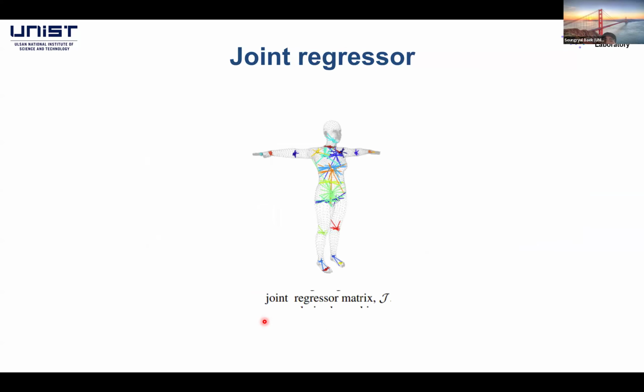And also, the SMPL provides the joint regressor. Here you are seeing 6,800 vertices on the SMPL mesh surface, and some of these points mean the joints. In the human body, we already know this is the head, this is the left hand, right hand, torso, neck, knee, foot.